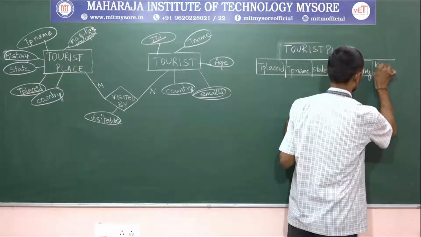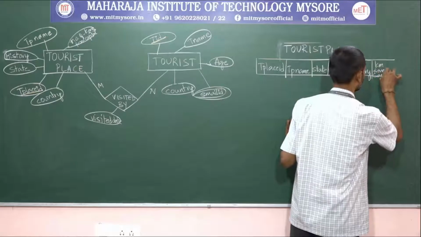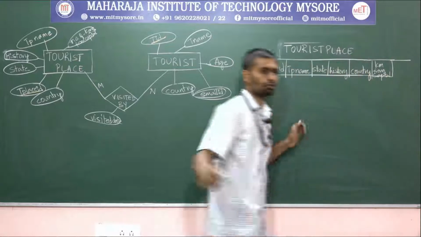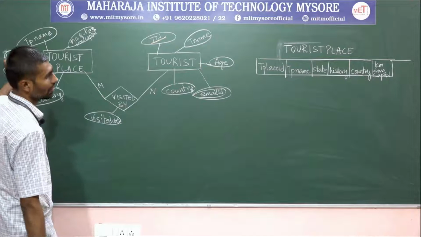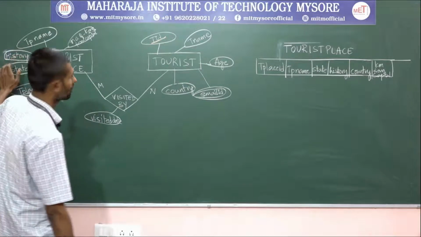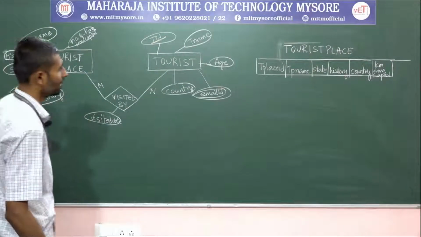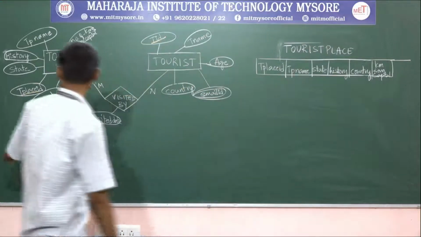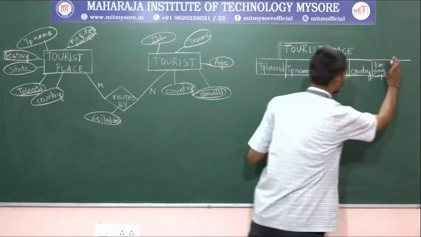Kilometers from capital. Then after that history be recorded. No, we have not recorded. Yes, we have recorded history. All 6 attributes we have recorded here, right?